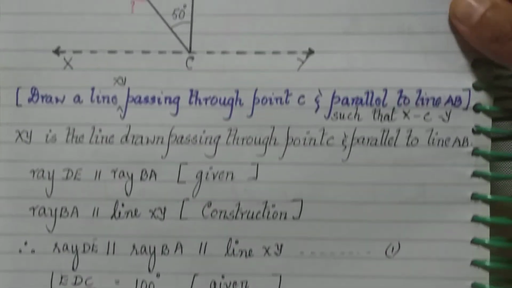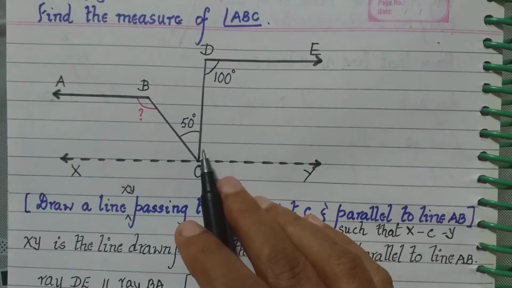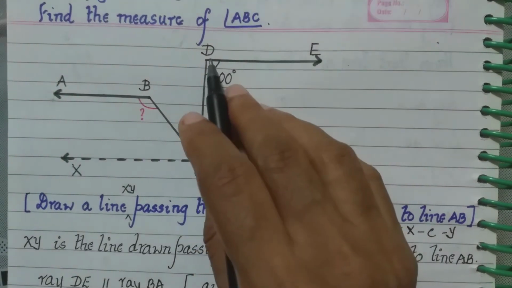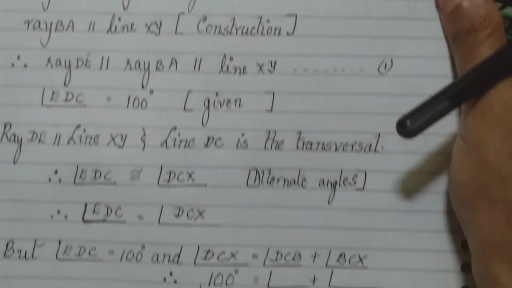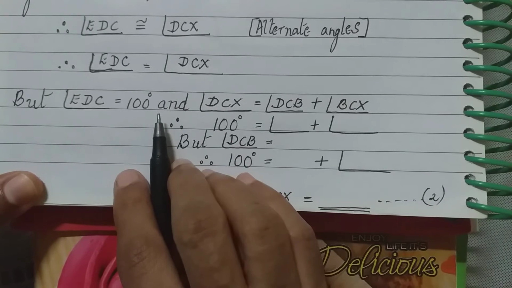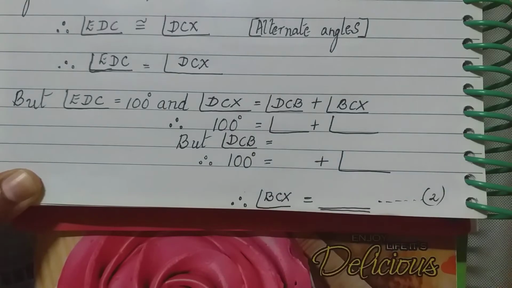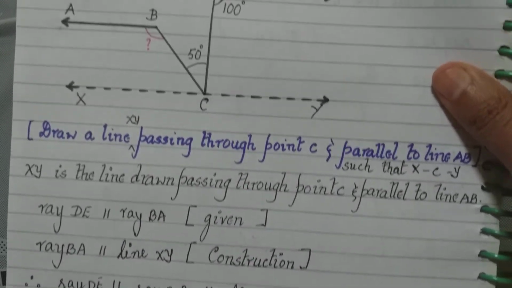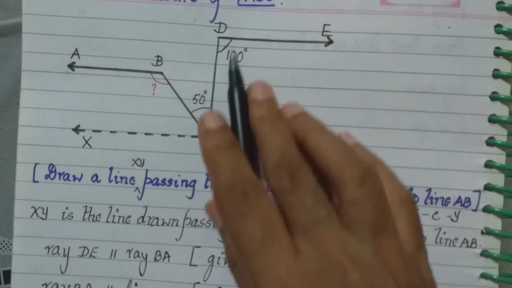But what is angle EDC? Is it given to us? Yes, angle EDC is given to us as 100 degrees. Therefore, angle DCX also will be 100 degrees. So we write here, but angle EDC equals 100 degrees and angle DCX, this angle DCX, is equal to angle.